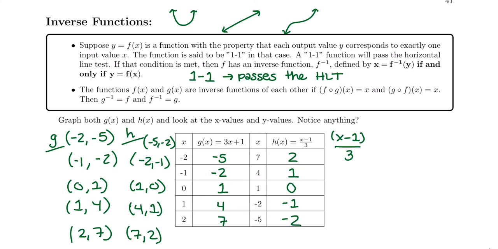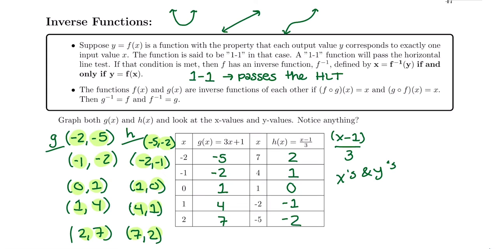So what's happening with these? X is negative 2 gives y is negative 5, whereas on h, negative 5 gives negative 2. Here we have negative 1, comma, negative 2, switches to be negative 2, comma, negative 1. 0, 1 in g is 1, 0 in h. 1, 4 in g is 4, 1 in h. And 2, 7 in g is 7, 2 in h. So this is a property for inverses.